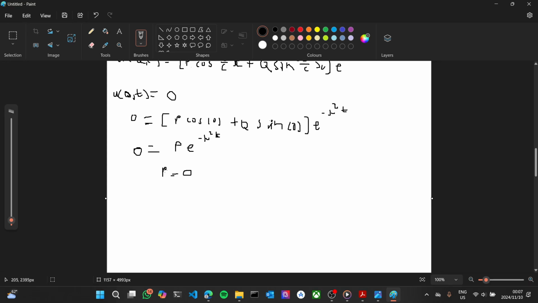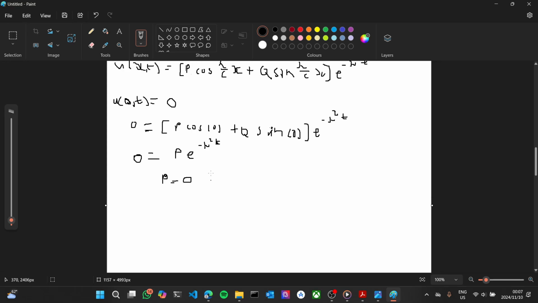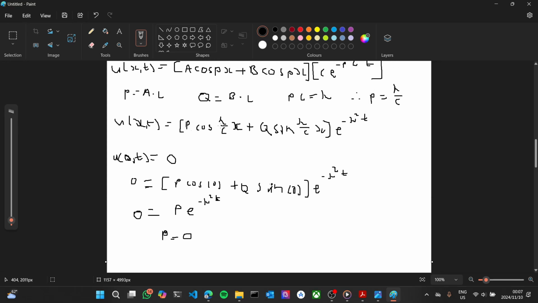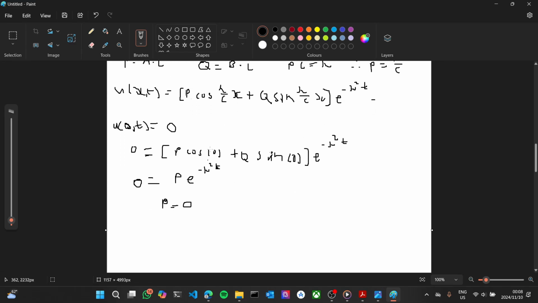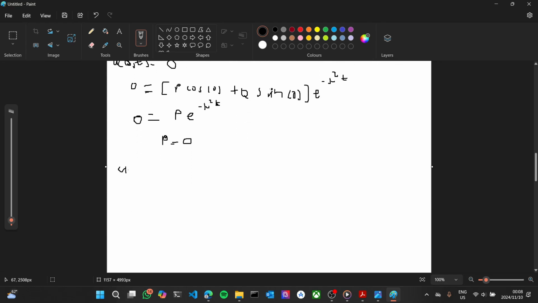So now that we've got our value for p, we can then substitute that into the most recently refined solution that we've got, which is this one here. Okay, so substituting p equals 0 up here now will give us the refined solution of q sine lambda over c x e to the negative lambda squared t.